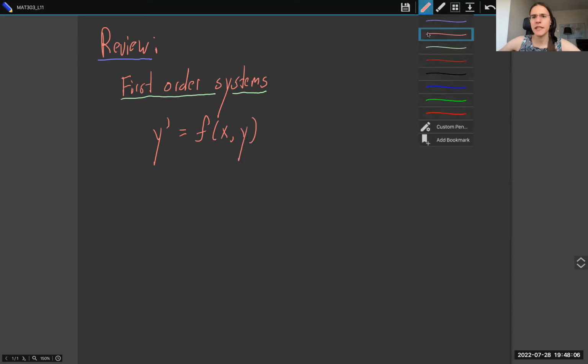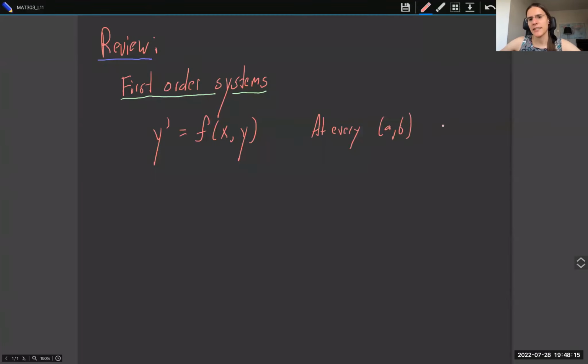And the meaning of this is that at every point (a, b) gets a slope f(a, b), and then we plot all of the slopes, and that gives us a slope field or a direction field, a distribution.